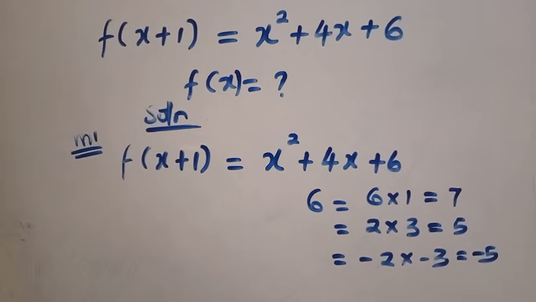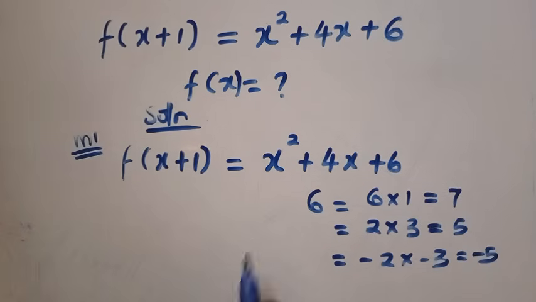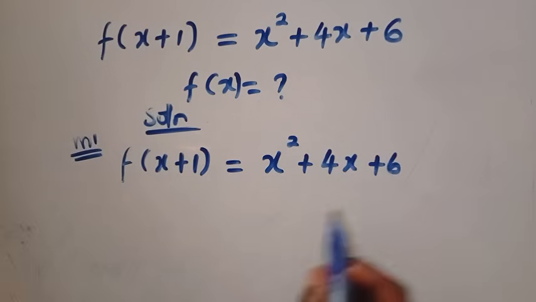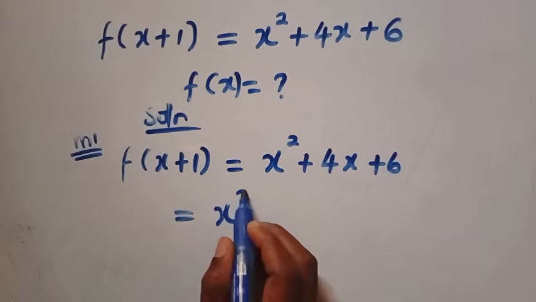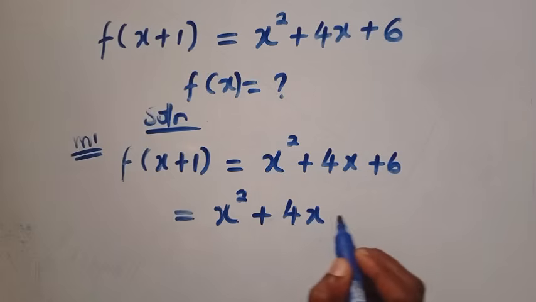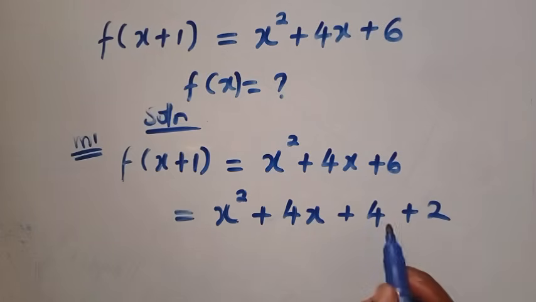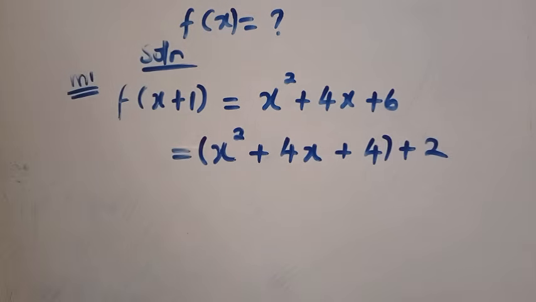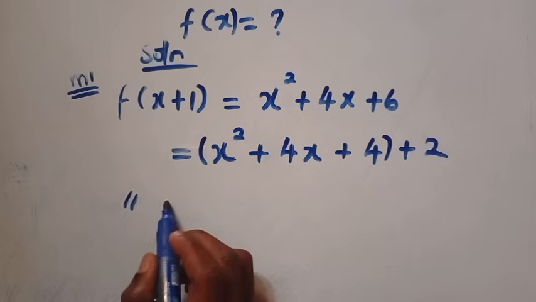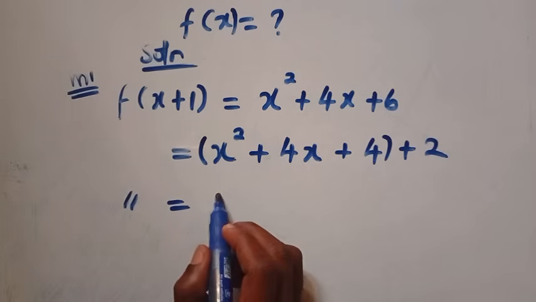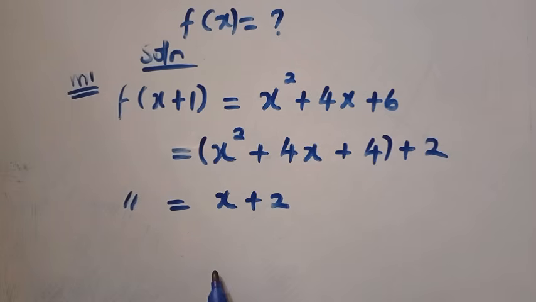The only thing we can do is try and break this down. So let's try and break this down. We are going to have x squared plus 4x plus, if I write the 6 as 4 plus 2, so if I bracket this and continue this way, f of x plus 1 equals, this is now factorizable, which we write as x plus 2 all raised to power 2.